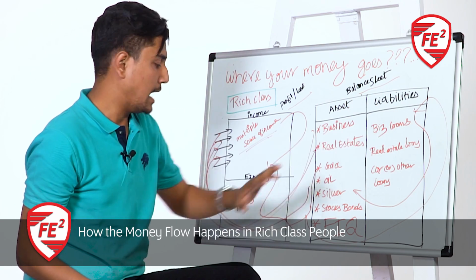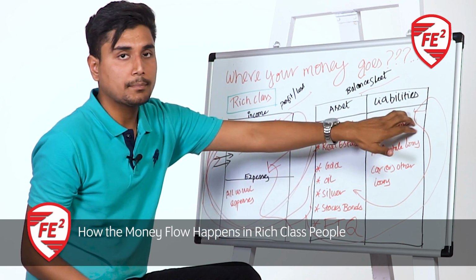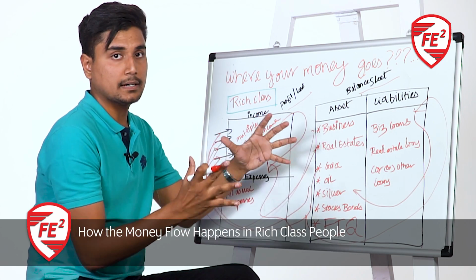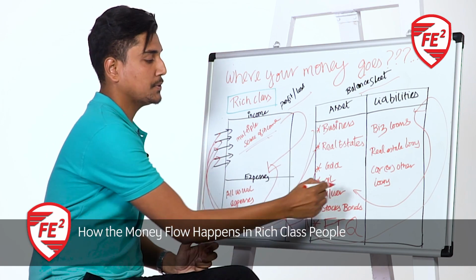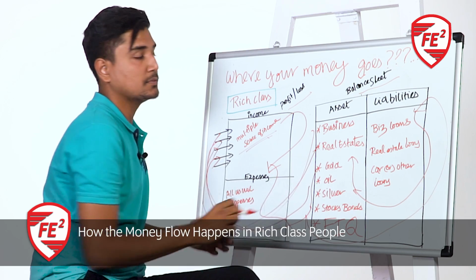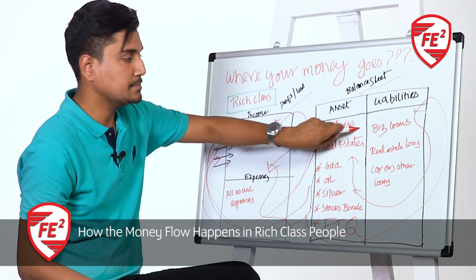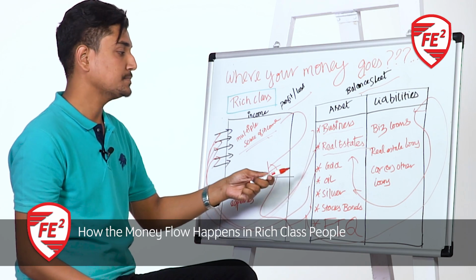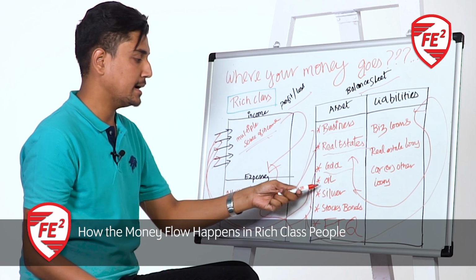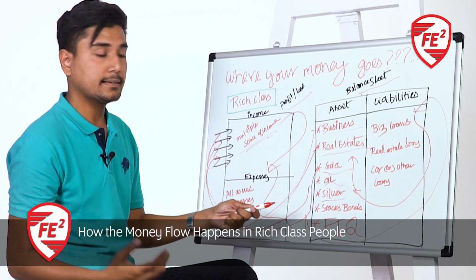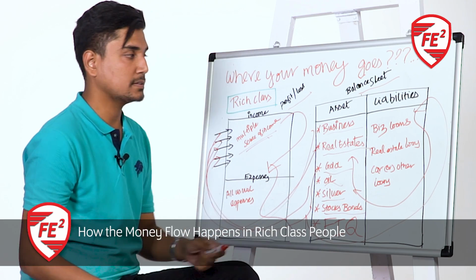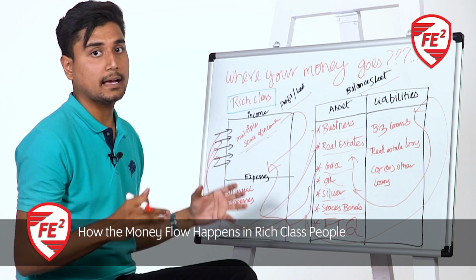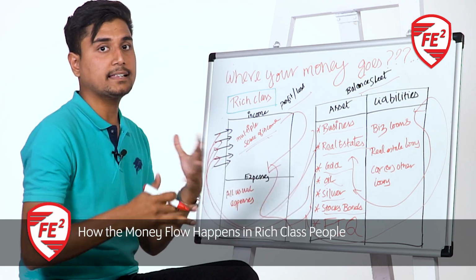So after all the expenses and after paying off all the liabilities, they have much income left over to invest in the asset column. So every year they expand businesses, they add more properties to the real estate portfolio, and they buy more gold, oil, silver depending upon the market, and they also buy stocks and bonds. So this is how the rich actually spend their money.